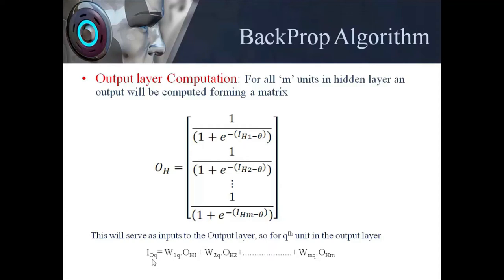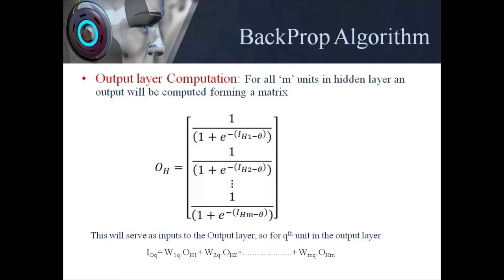O stands for the output, I stands for the input which is received by the output unit. Which unit? Qth unit. So that is just generalizing. So how do I get it? I get it by multiplying this matrix with the weight matrix W, which is there between the hidden layer units and the output layer units.